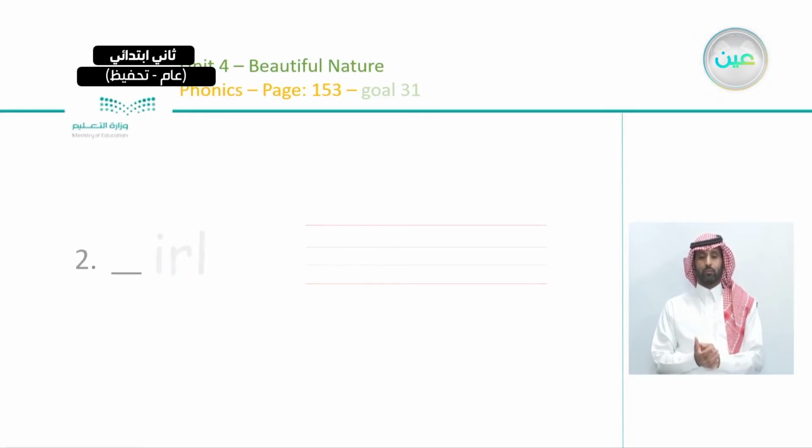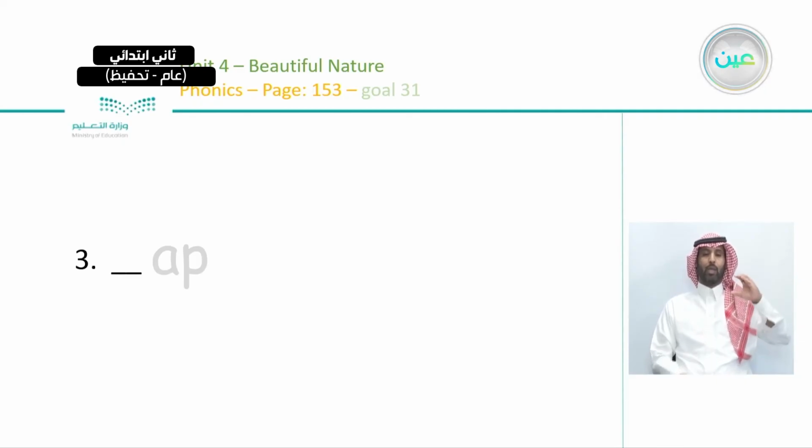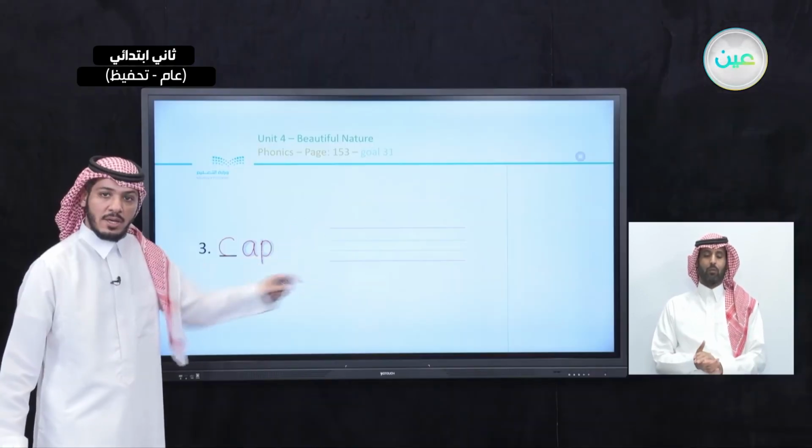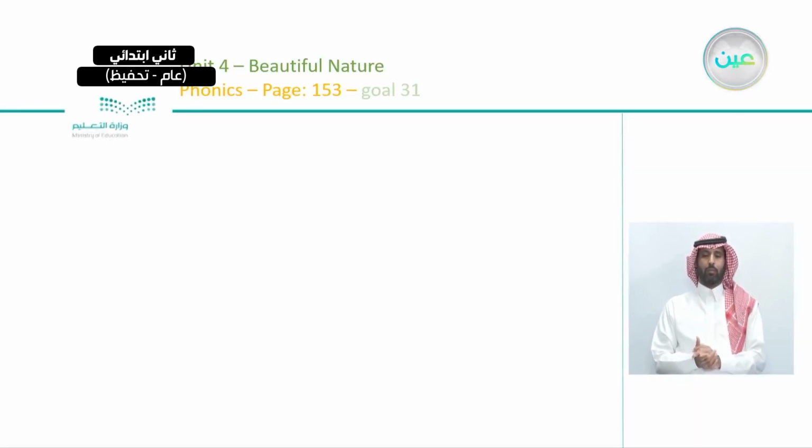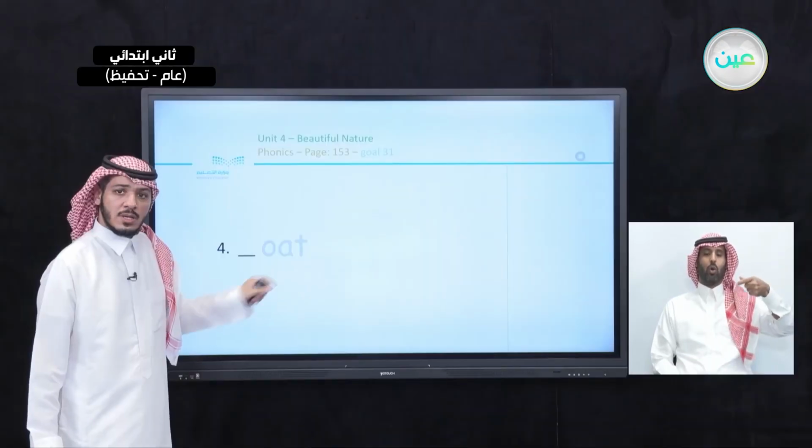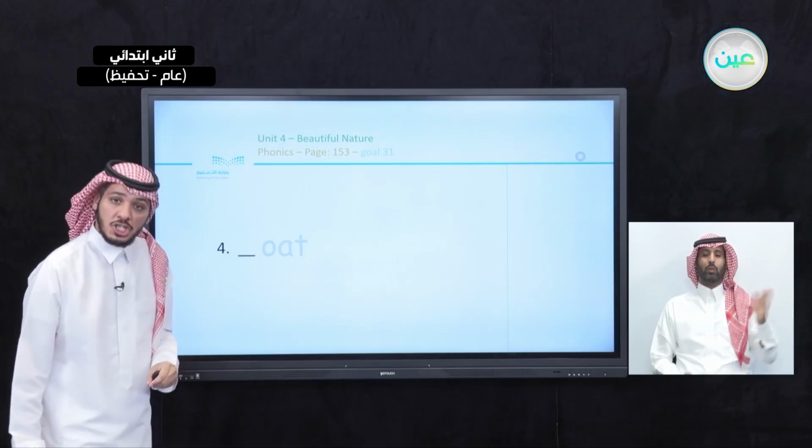Okay. Number 3, we have cap. What is the missing letter here? Cap. Excellent. So it's what? C. Excellent. C, then A-P. Cap. Okay. Then you can write it down there. Okay. Number 4, goat. Is it C or G? G. Yes. Why?